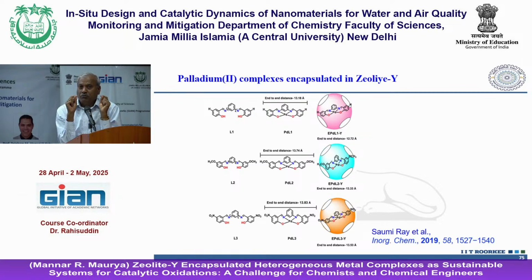But what I also observed in the literature during the 1990s up to 2010 is that people were inclined towards the discovery of heterogeneous catalysts through zeolites. After that, not much chemistry you will find in the literature. But suddenly, in the last few years, particularly metal complexes in zeolites, the chemistry has started again.